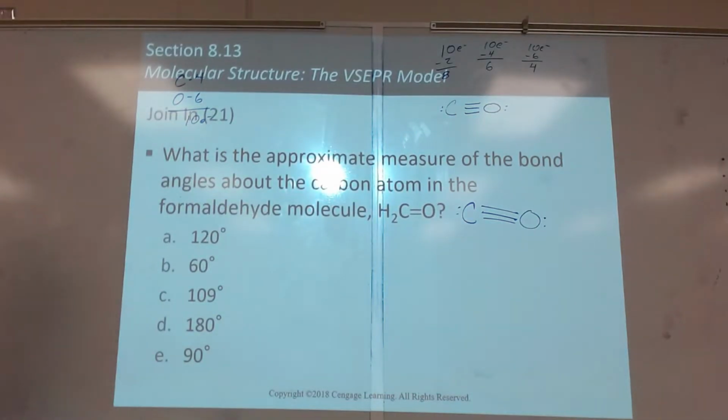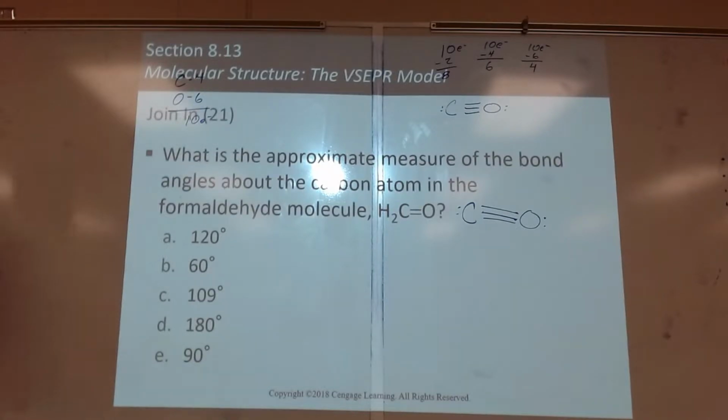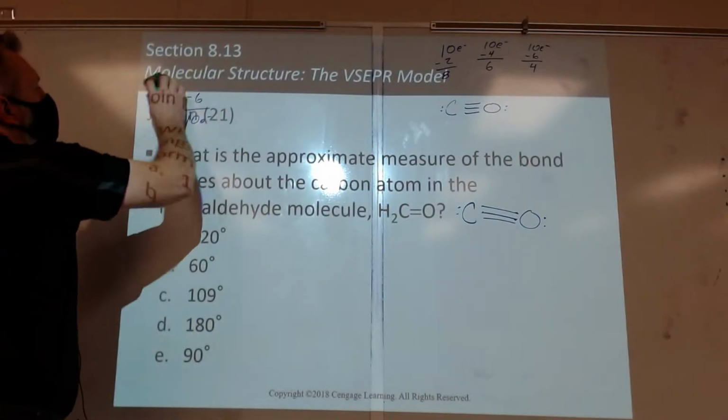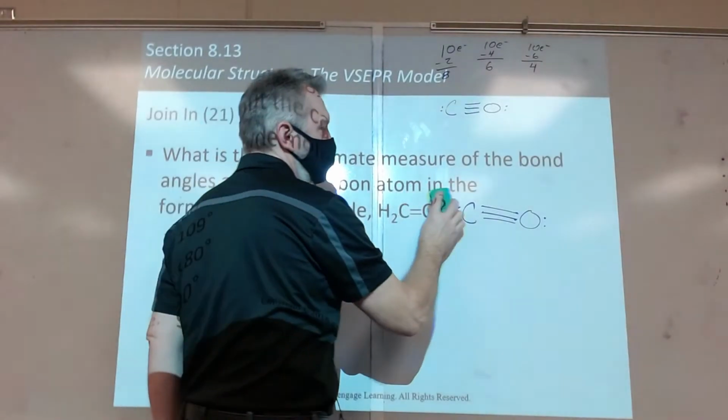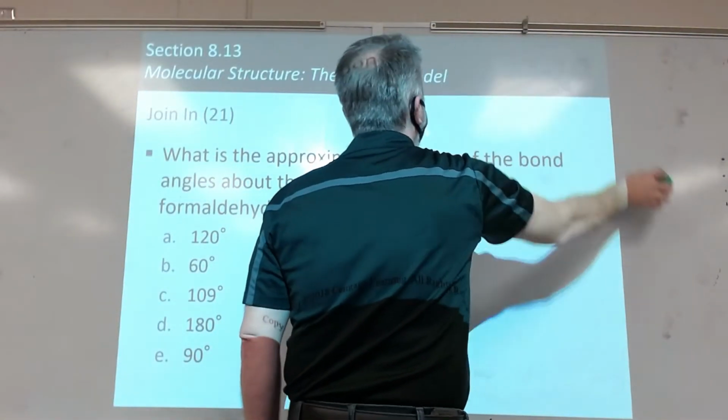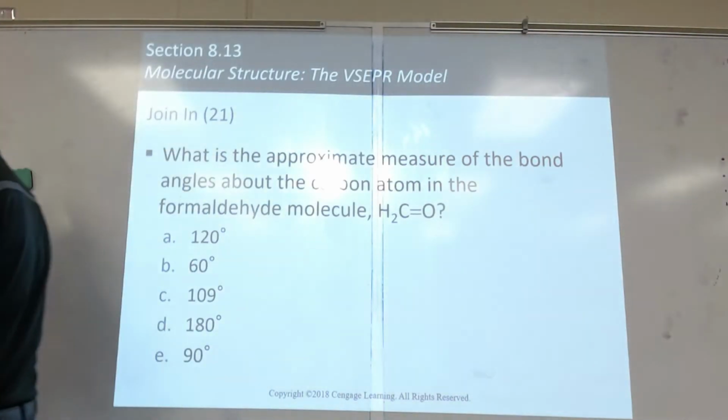All right, next question. Approximate measure of the bond angles about the carbon atom in the formaldehyde molecule H2CO. You need to draw the Lewis dot structure for this. Draw that Lewis dot structure.